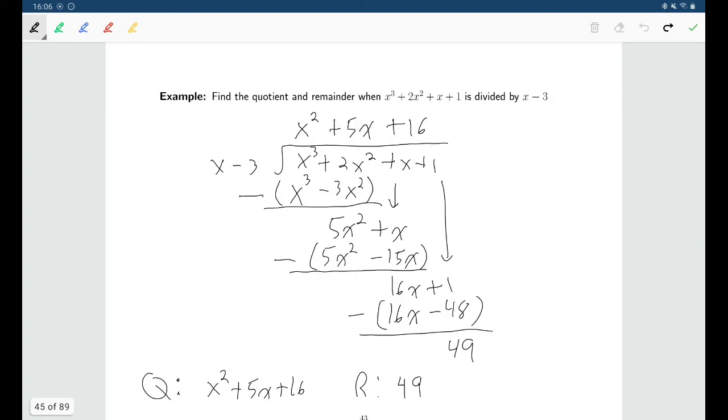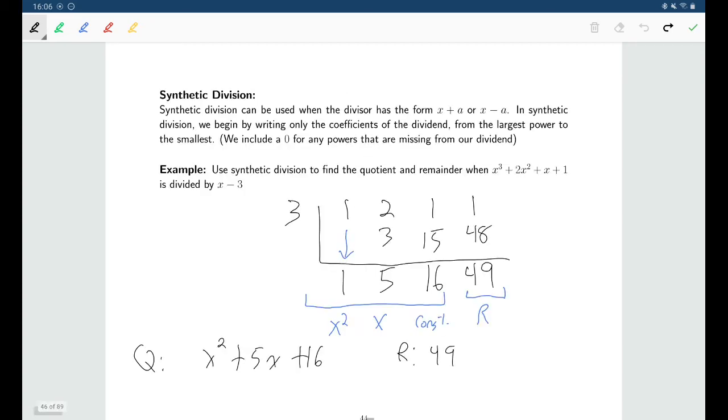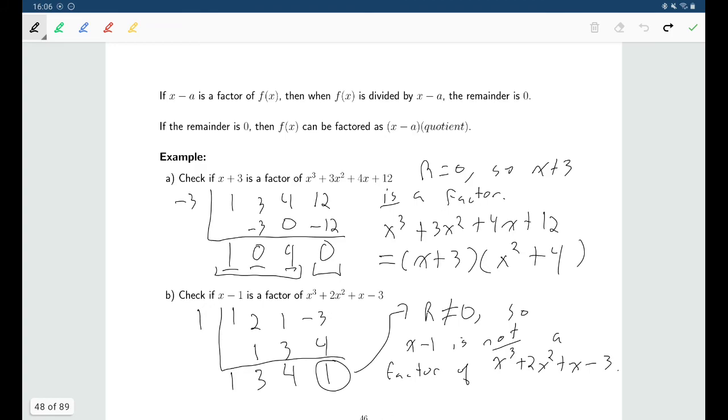Long division is the more general way of dealing with things, and it is a useful skill to have if you wanted to divide by something that was not just an x plus a number. But for us, for the most part, we'll be checking to see if x plus a number or x minus a number happens to be a factor for a given polynomial, and synthetic division is how we'll check to see if it is or is not.